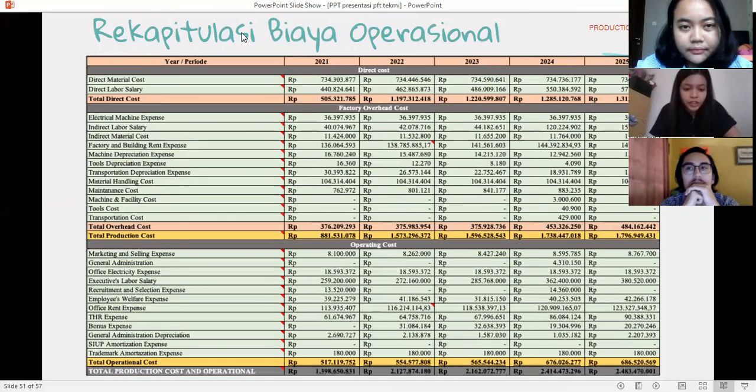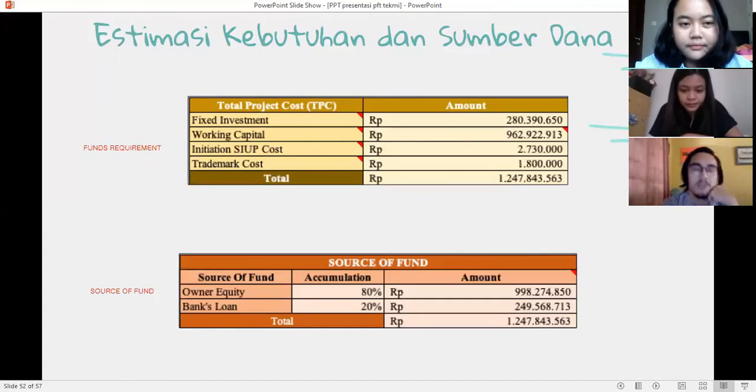After that, the total production costs and operational costs for 5 years. Next, on estimated needs and source of funds, it explains the fund requirements and source of funds.